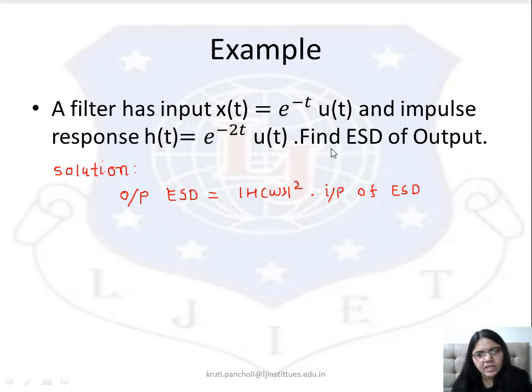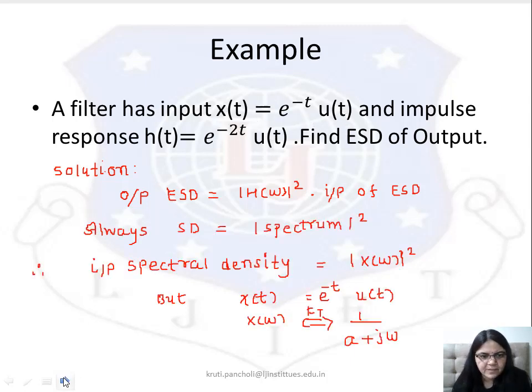Over here we need to find out the ESD. So output ESD is equal to the square of the amplitude spectrum of this impulse response, modulus of H(omega) squared, into input ESD. Input ESD is what? It's the ESD of the input function.